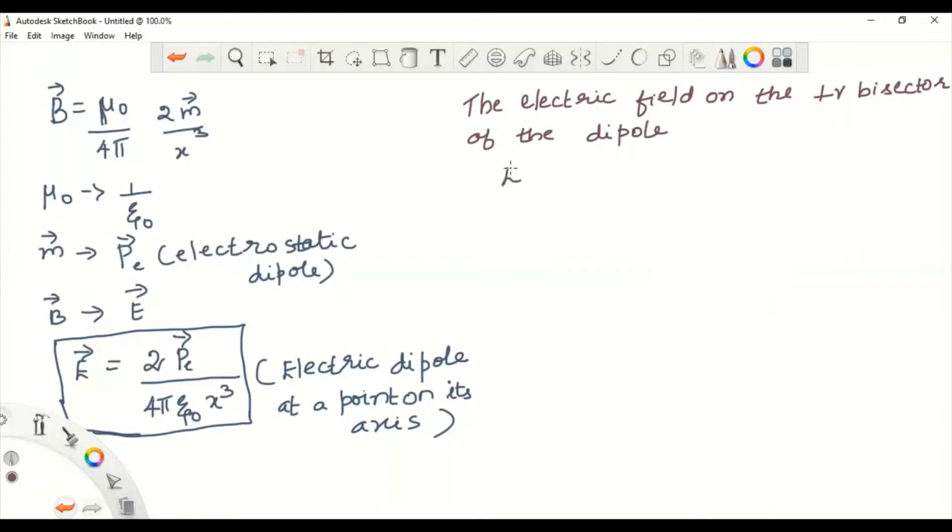Hope you remember this. E vector is equal to P vector divided by 4 pi epsilon naught x cube.